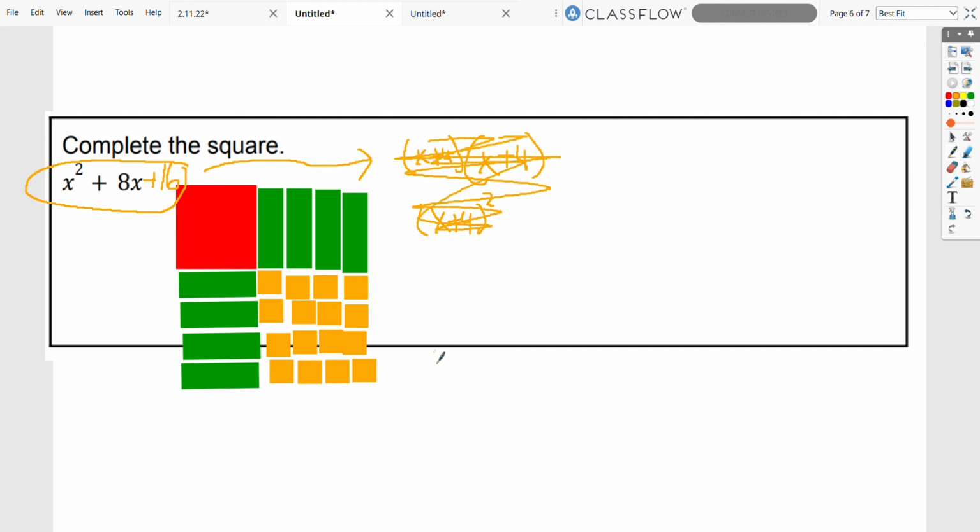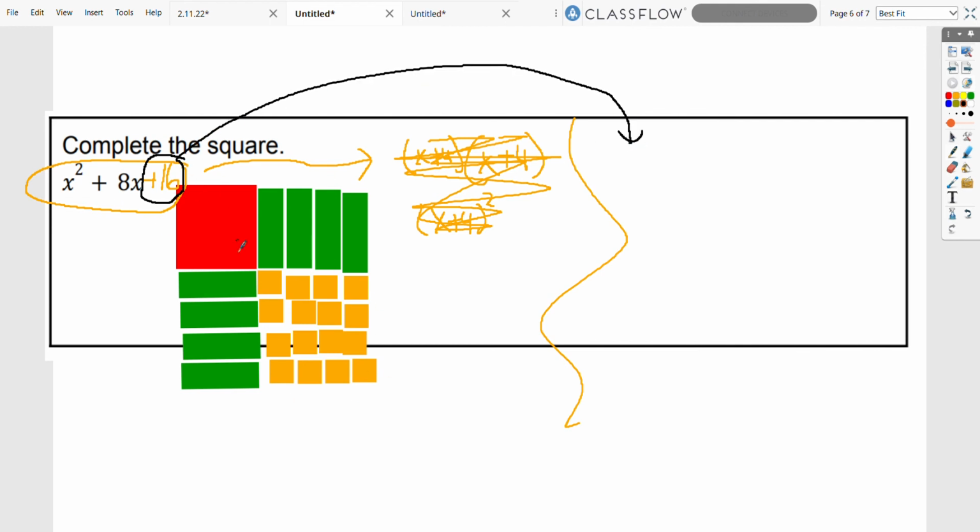Now we don't always want to write out the tiles. So I'm going to show the calculation of how we get this number 16 without making all these shapes. This is how you complete the square. This is very important, so highlight this if you need to.